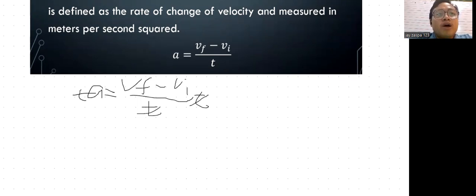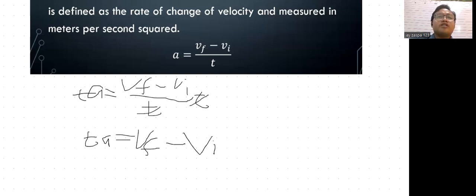And what is left is time times acceleration is equal to velocity final minus velocity initial. Just look at my handwriting on the computer. That is your formula when you're looking for the velocity final.